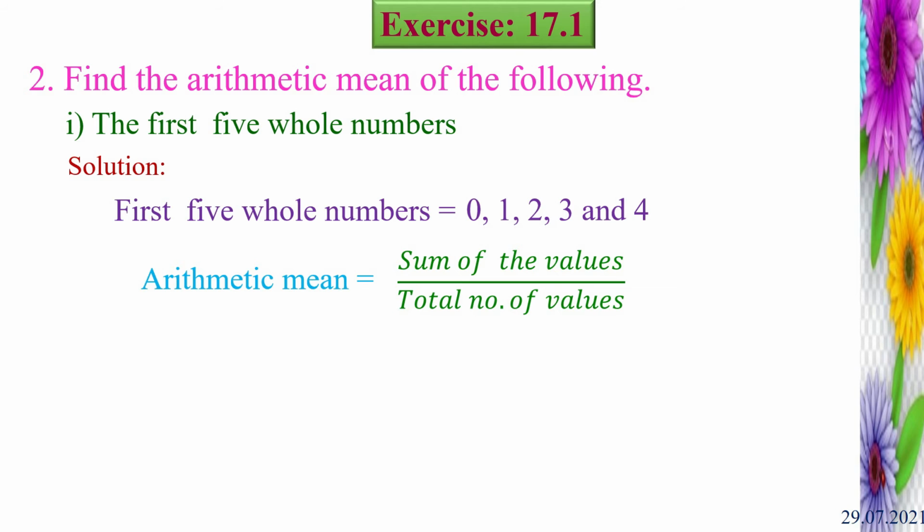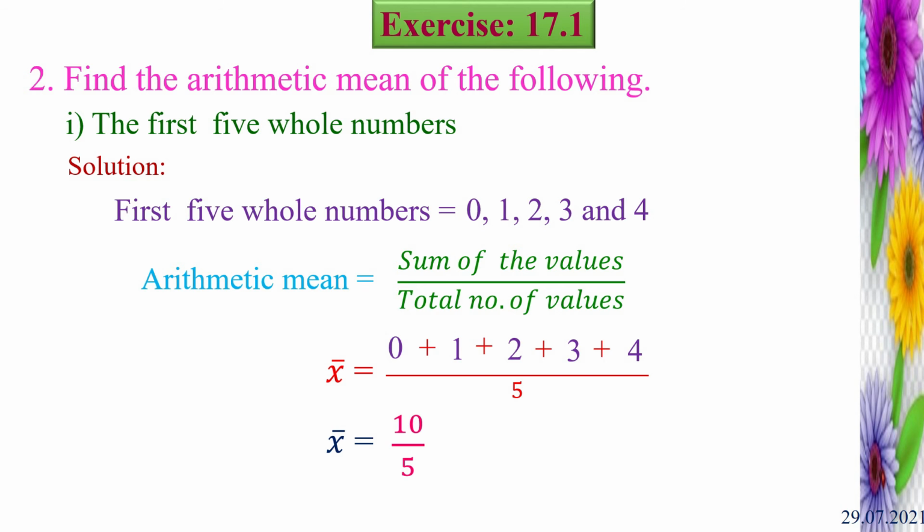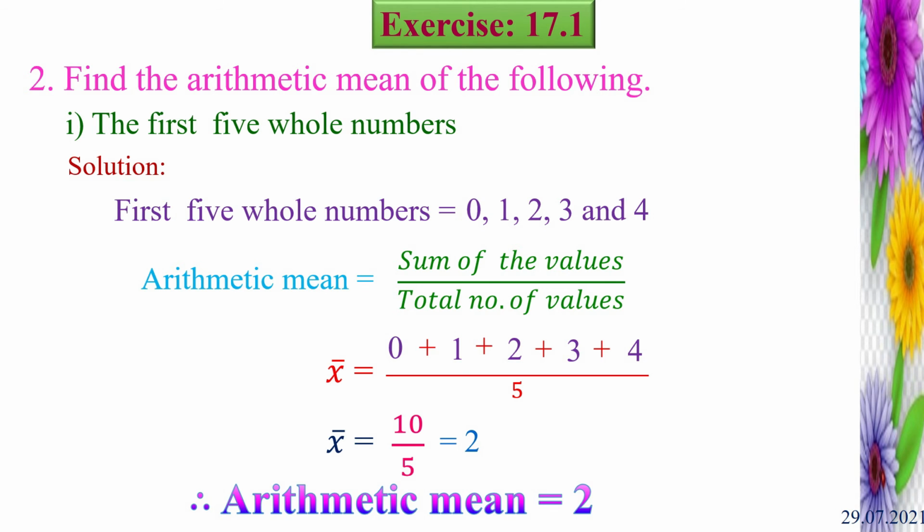Arithmetic mean can be written as x bar, which is equal to the sum of the values, 0 plus 1 plus 2 plus 3 plus 4, divided by the total number of values, 5. On adding, we get x bar is equal to 10 by 5. Now on dividing, we get 2. Therefore, arithmetic mean is equal to 2.